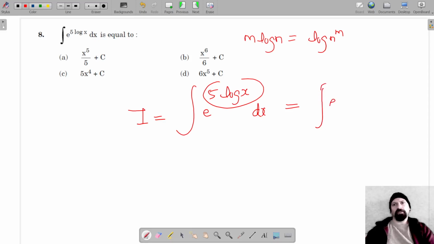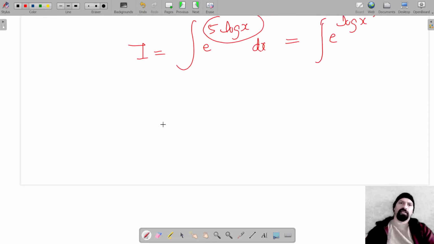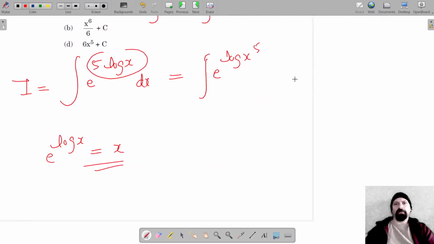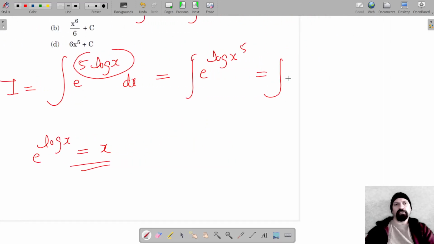So this can be written as e raised to power log x raised to power 5. Now we know that if it is of the form e raised to power log x, then this is equal to x. So this becomes the integration of x raised to power 5 into dx.